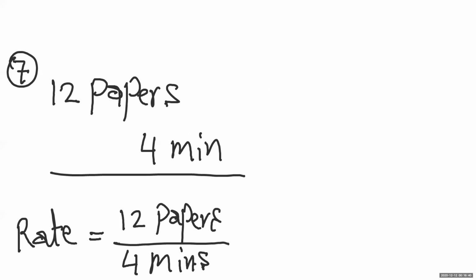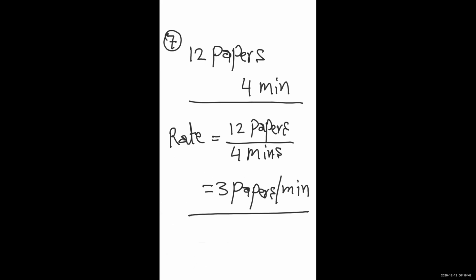The next question is question 8. A factory produces 5,000 juice cans in 8 hours. Find the production rate.